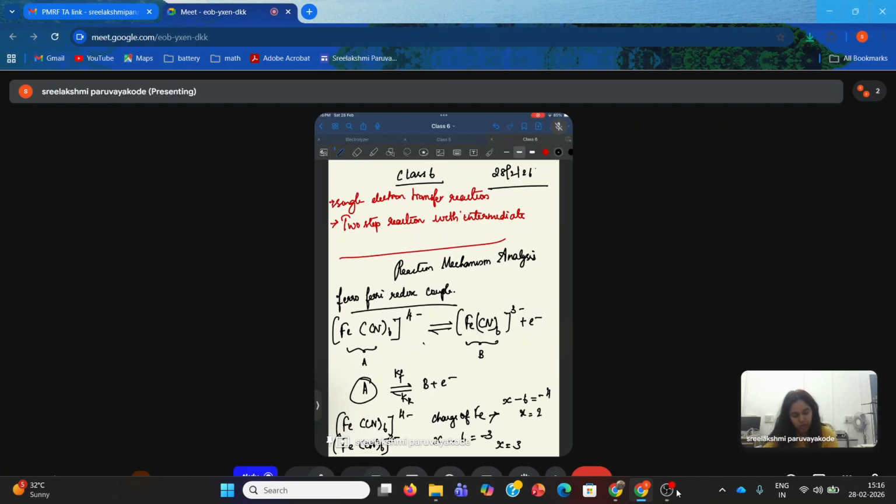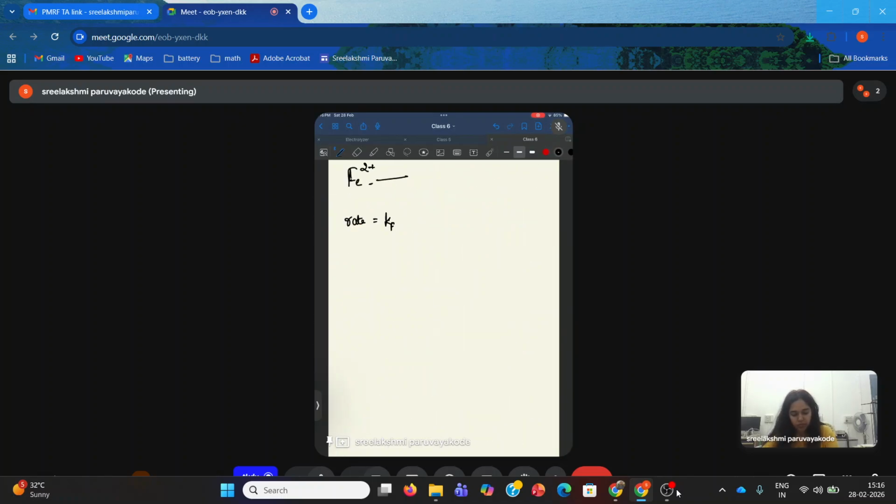So here it is Fe2+ and here it is Fe3+, which is undergoing the redox couple: Fe2+ becomes Fe3+ plus e minus. I've written it like this because it is the charge of the ion that is changing in the redox couple.